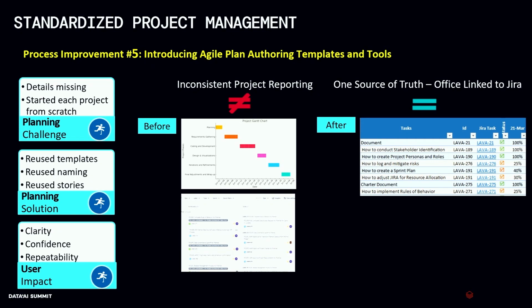Process improvement number 5 is, I think, generic enough that we've probably all experienced it, inside or outside of technology. It's what I'm calling the phantom facts challenge, where project reports or project plans, those Gantt charts that leadership may see, may not necessarily reflect exactly the details that you see in your Jira dashboard.